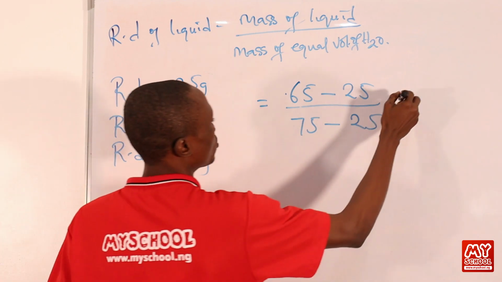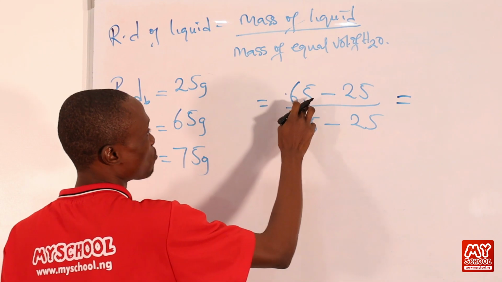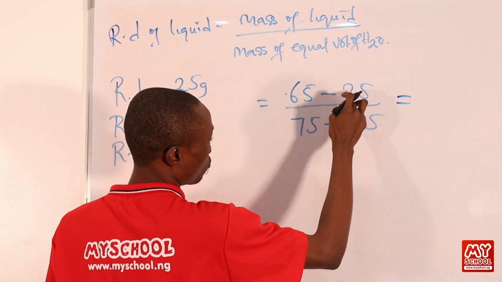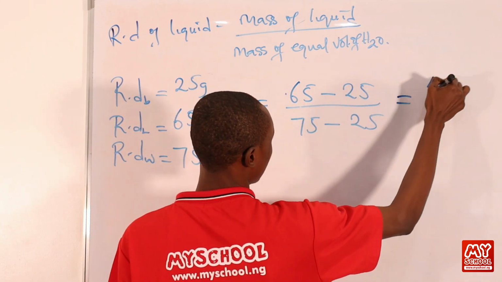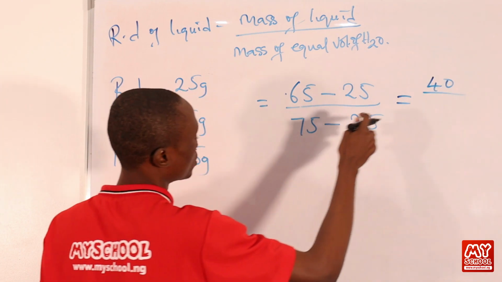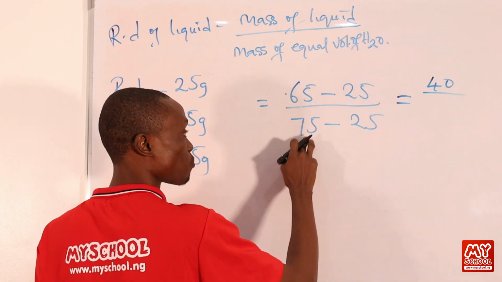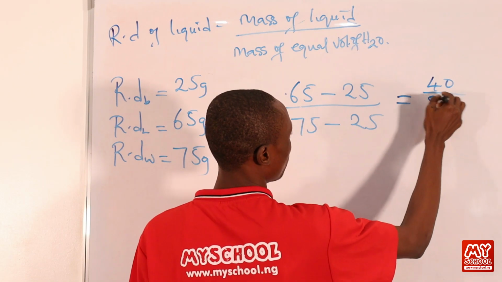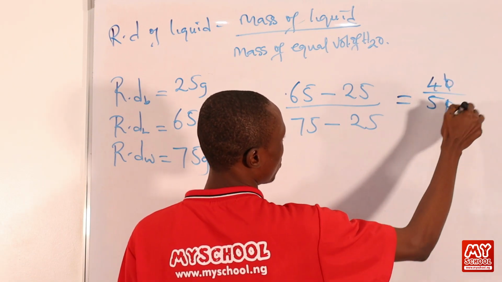If we subtract 25 from 65, that will be equal to 40. If we subtract 25 from 75, that will be equal to 50.